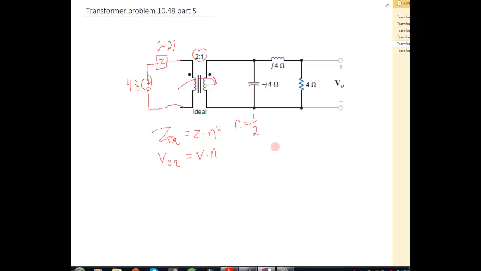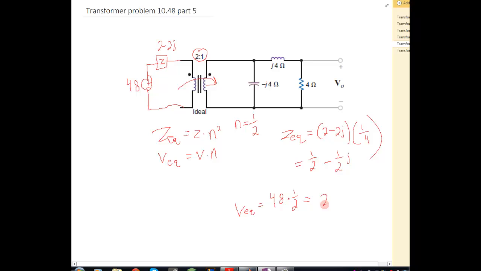So here's our equivalent voltage and impedance once we bring the Thevenin into our circuit.